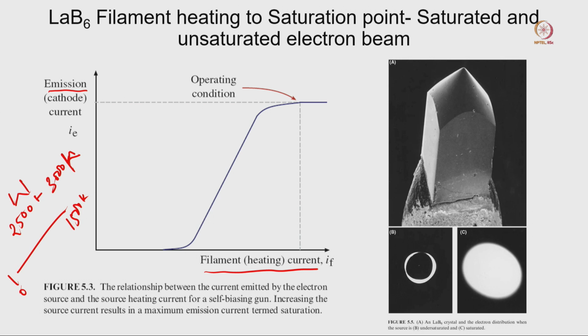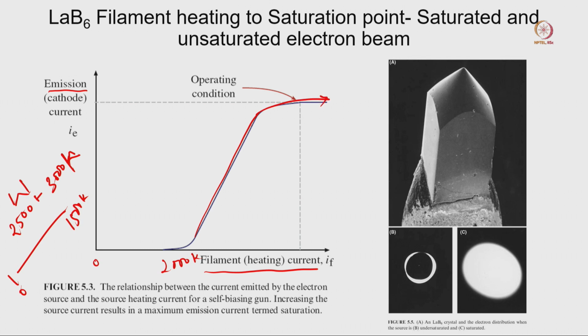If you measure the emission current at the beginning, from 0 to almost 2000 Kelvin there is no emission. Then there will be a sudden emission. You can get a huge emission here, and then it will reach the saturation point.